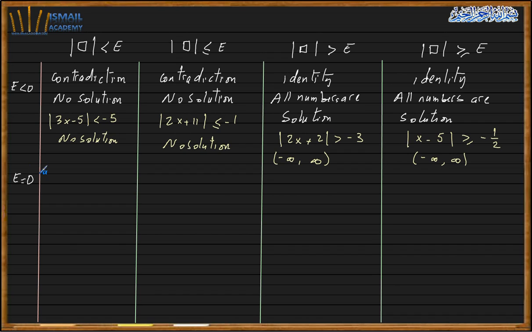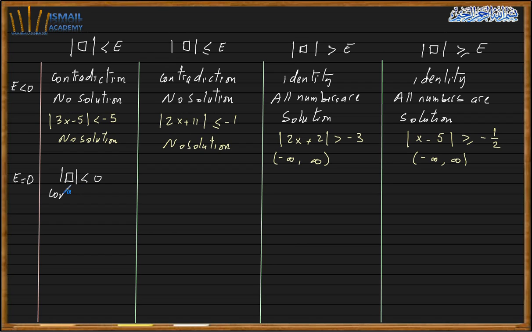Here, absolute value of the expression less than 0 is a contradiction again, which means no solution.